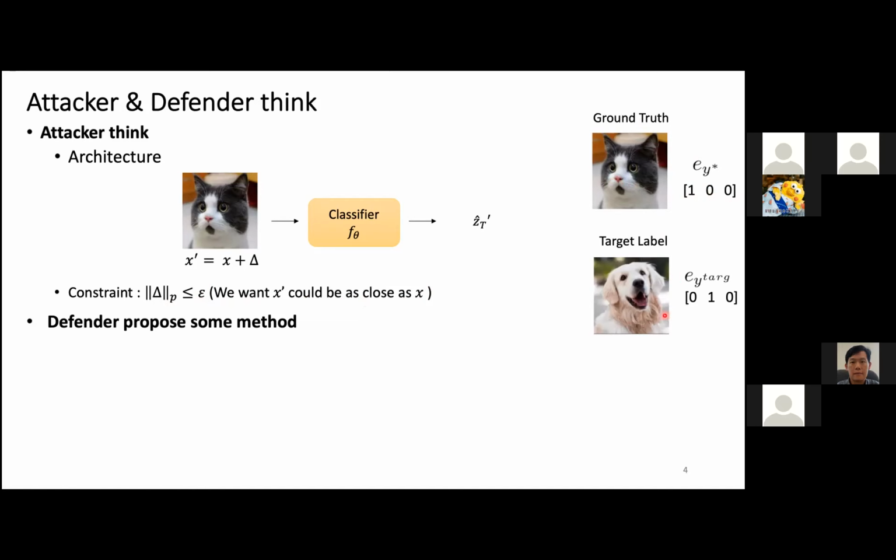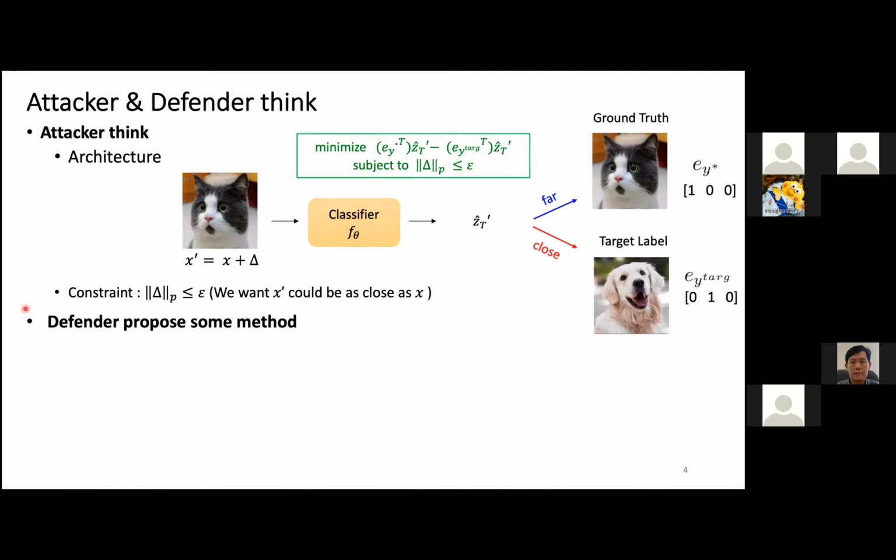And if we know the target label is this dog, we denote it as e_y target, also a one-hot vector. So this scenario can be formulated as this formulation. That is, the attacker wants the output vector from the classifier with X prime to be far from the ground truth and close to the target label. So he wants this result to be smaller than 0 under this constraint.